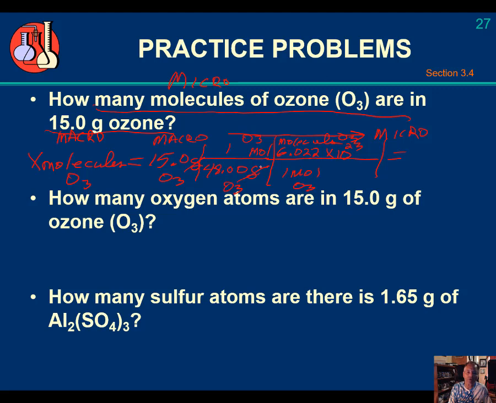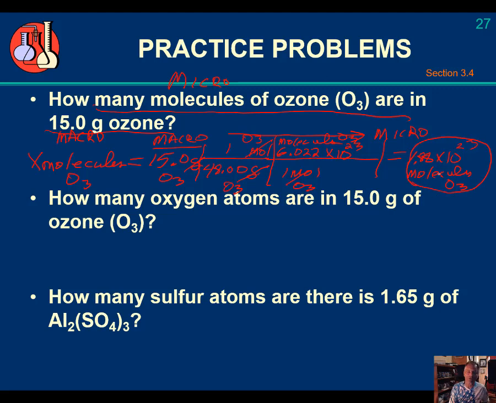All right, so let's just check the units out, make sure everything works. Grams over grams cancels. Moles of ozone over moles of ozone cancel, and we wind up at the end with molecules of ozone. And that gives me 1.88 times 10 to the 23rd molecules of ozone. Okay, I've gone from the macroscopic quantity of 15 grams to the microscopic quantity of molecules.